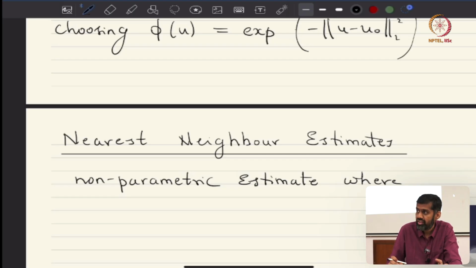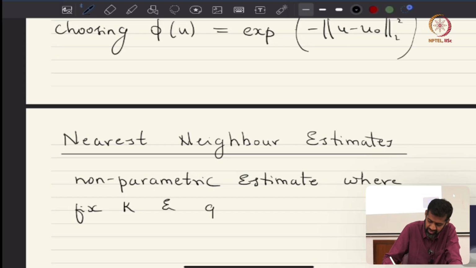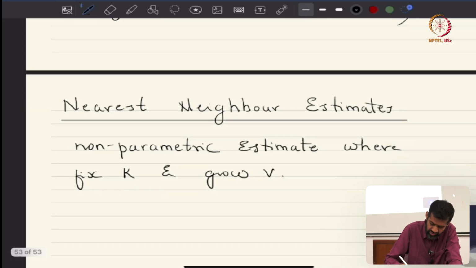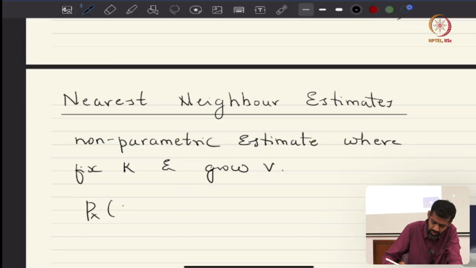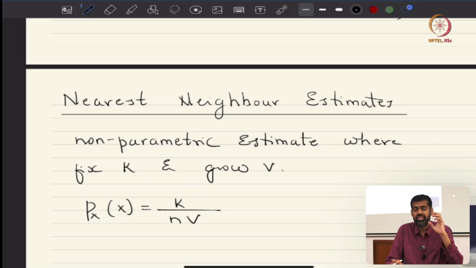We fixed V and counted K. Here we fix K and grow V. So we have P is equal to K by V. Now what you do is, in higher dimensions, choose a particular volume and see how many data points have fallen in this particular volume, and that will give you the density estimate.